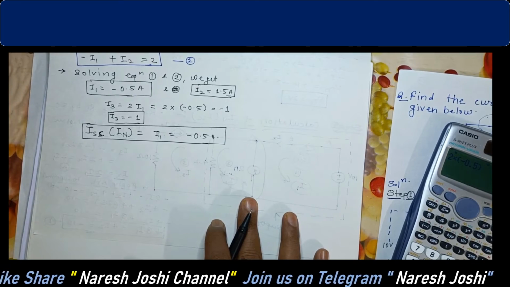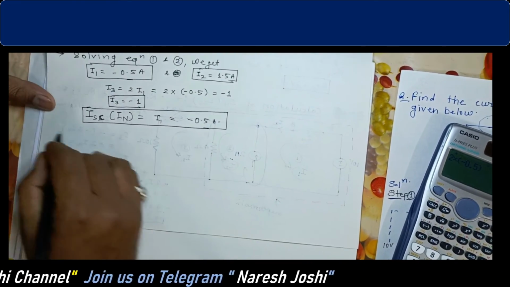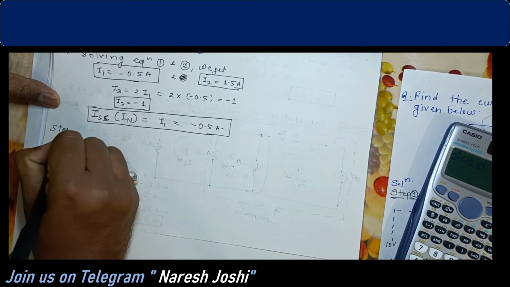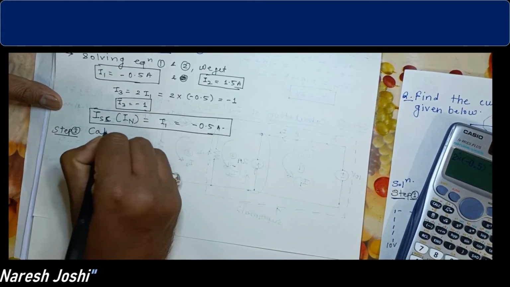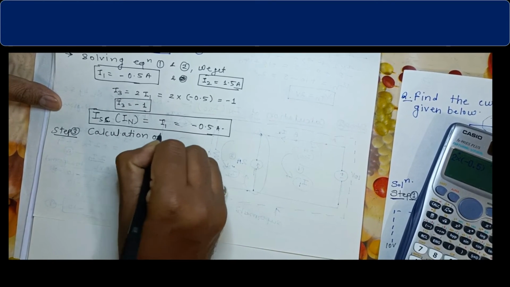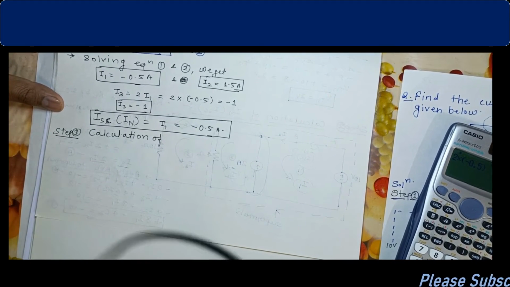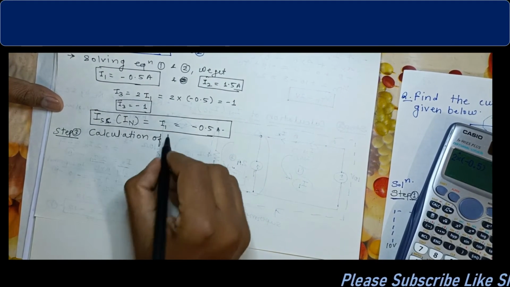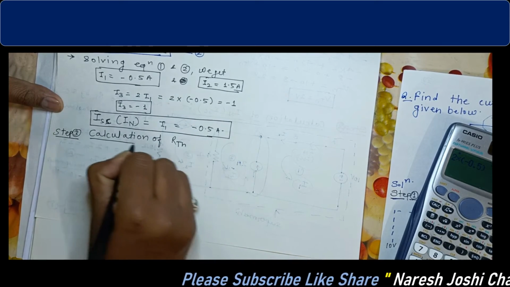Next step, what we have to do? We have to calculate the Thevenin's resistance. So the next step is step number 3, calculation of RTH.